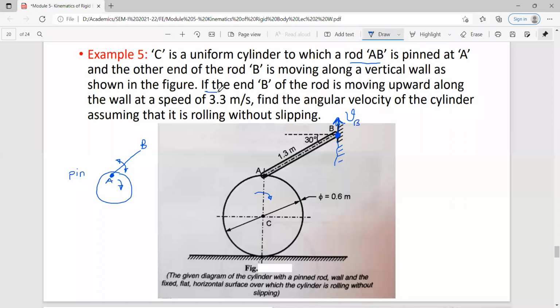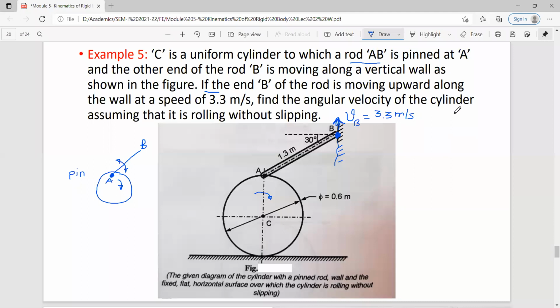Next is, if the end B of the rod is moving upward, which I have shown like this, along the wall at a speed of 3.3 meter per second. So it is given that point B is moving upward at a velocity of 3.3 meter per second.